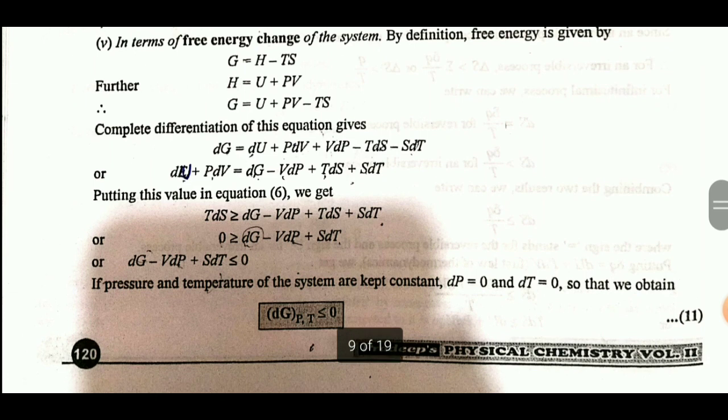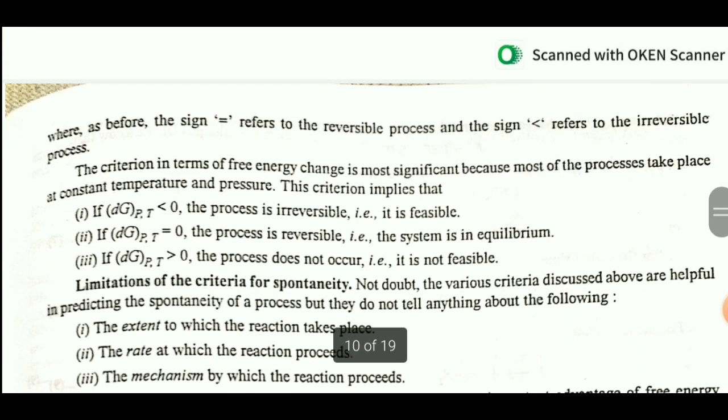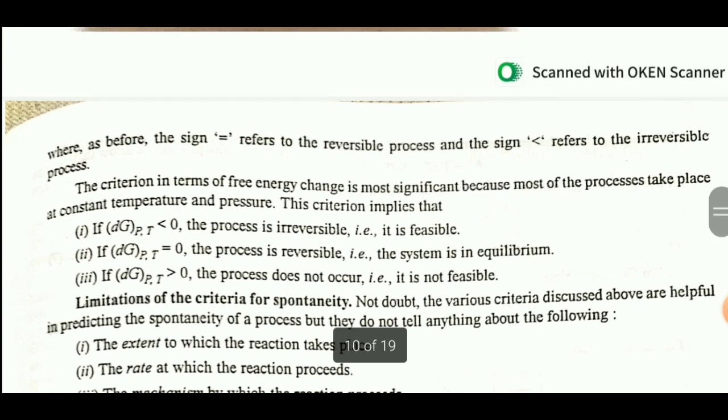Putting this value in equation 6, we get dG minus VdP plus SdT is less than or equal to 0. If pressure and temperature of the system are kept constant, dP is equal to 0 and dT is equal to 0, so that we obtain dG at constant P and T is less than or equal to 0. Whereas before, the sign equal to refers to the reversible process and the sign less than refers to irreversible process.